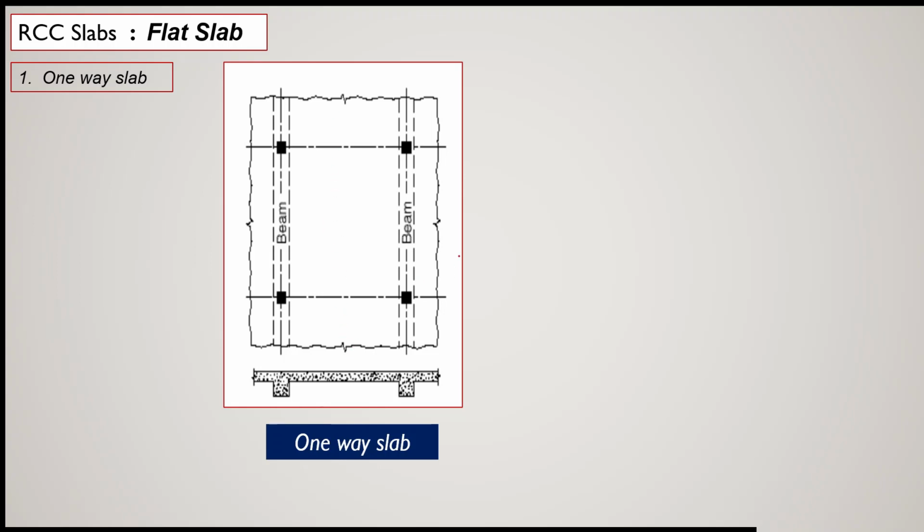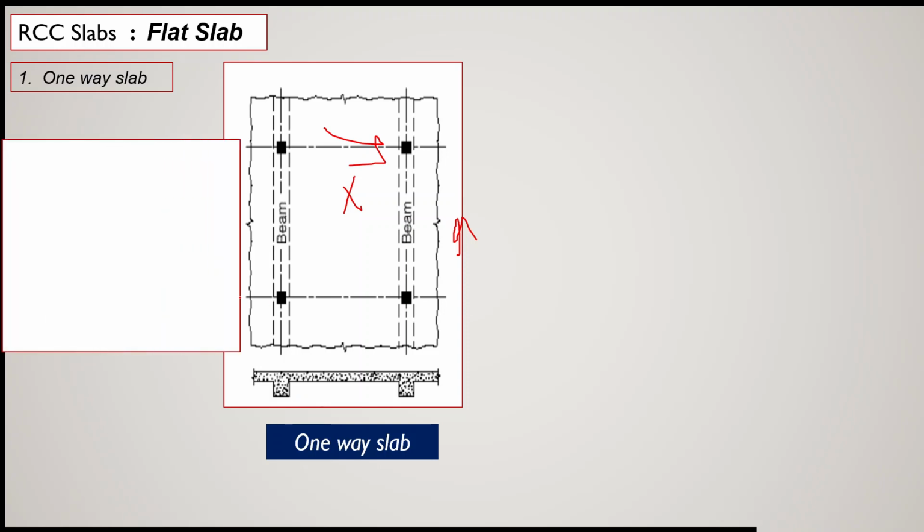In this direction beams are there, in the other direction there is no beam. We can say that along the y-axis there are beams, but along the x-axis there is no beam, and the slab is directly supported on these beams. So this is a one-way slab.